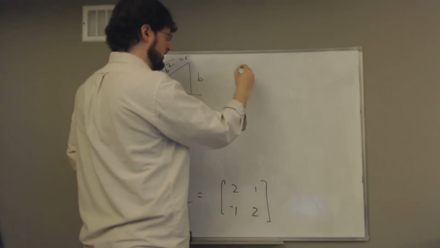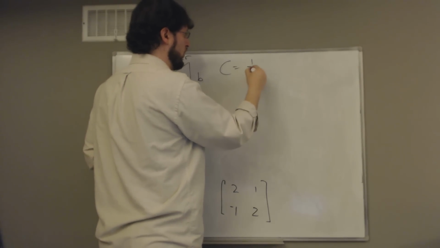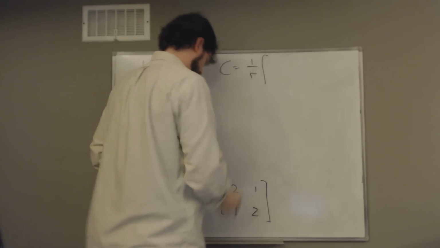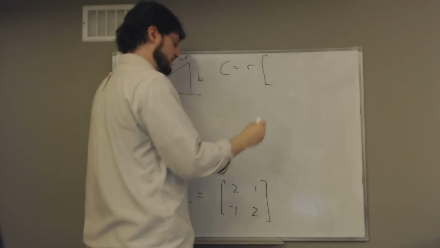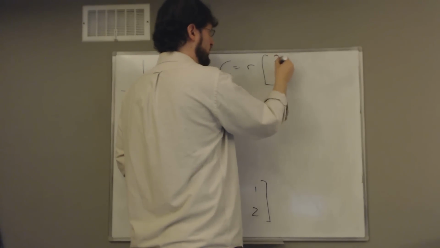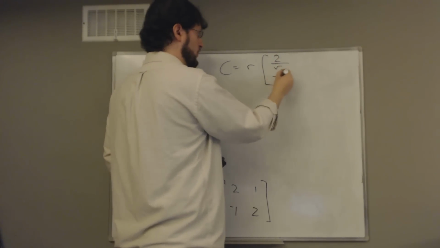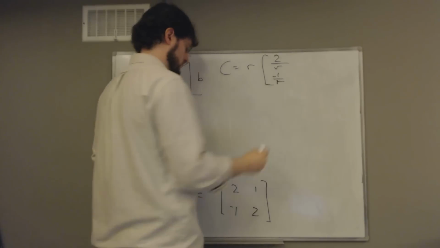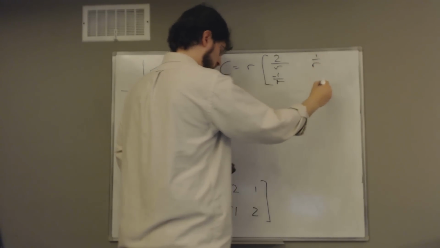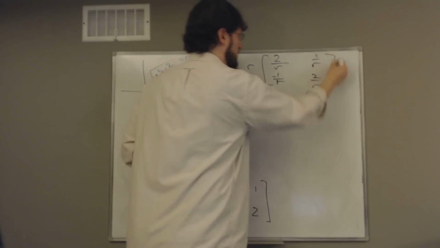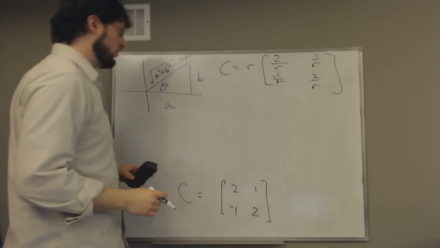I'm going to actually write this as R as a constant times 2 over R, minus 1 over R, 1 over R, 2 over R, right? So I'm just factoring this R all the way out.